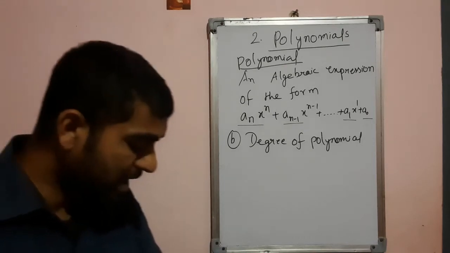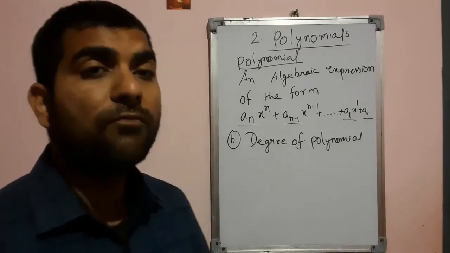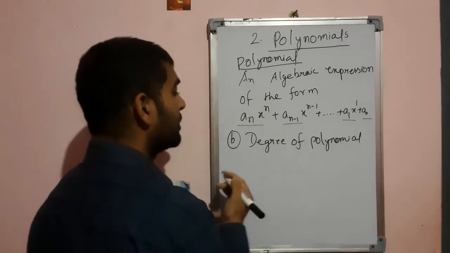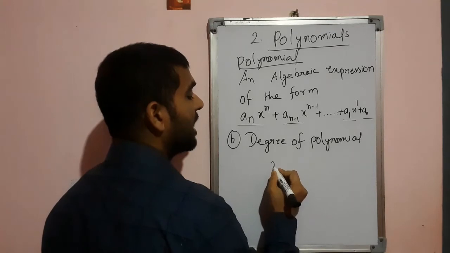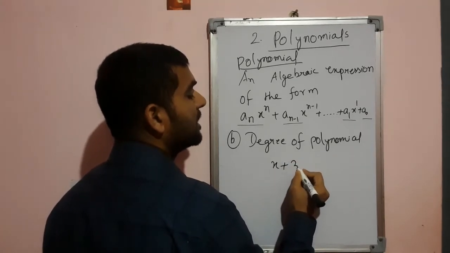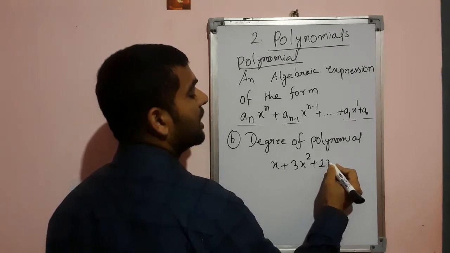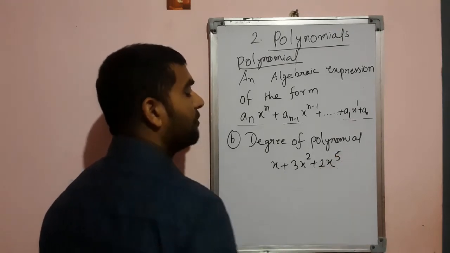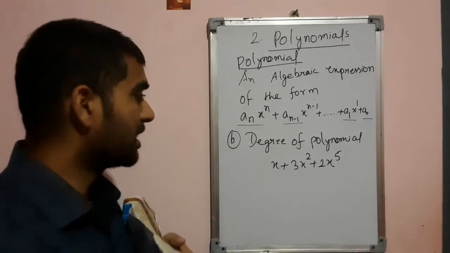The highest power of the polynomial. If we have so many terms, suppose we have x plus 3x squared plus 2x to the power 5, and the question is to find the degree of the polynomial.